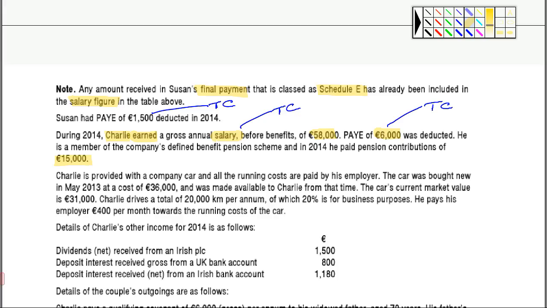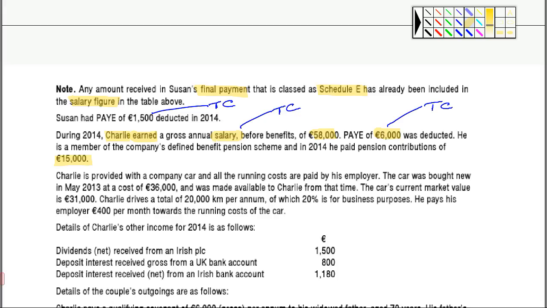Now we've got to remember that more often than not, the F6 examiner, when he includes pension contributions in a question, is testing that element of net relevant earnings and whether or not the person has perhaps over contributed. In other words, they've contributed too much based on the relevant earnings that they have.